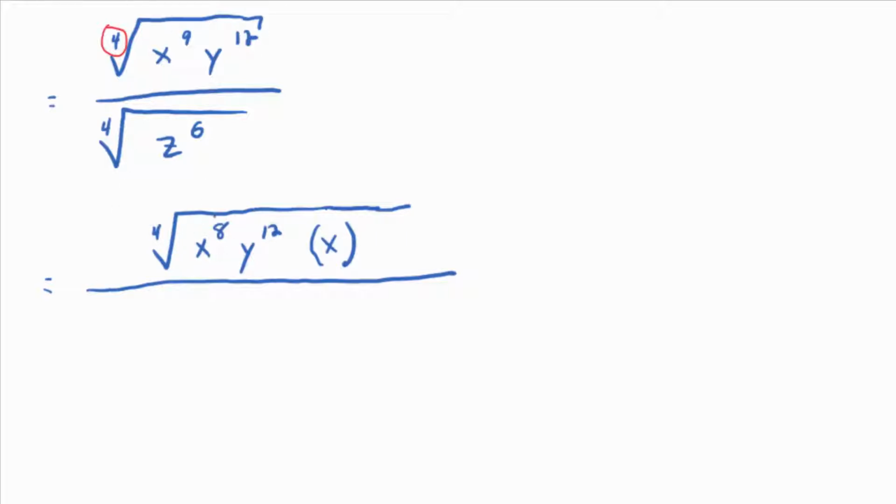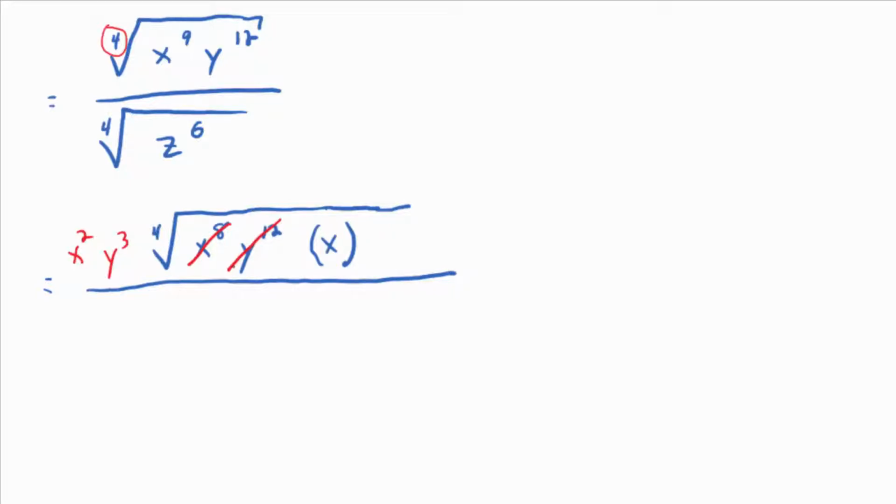What's the fourth root of x to the 8th? X squared. And then the fourth root of y to the 12th is y cubed. Pull them out. So the numerator is as simplified as it's going to get. I'm going to clean it up in the next step, but does that make sense?